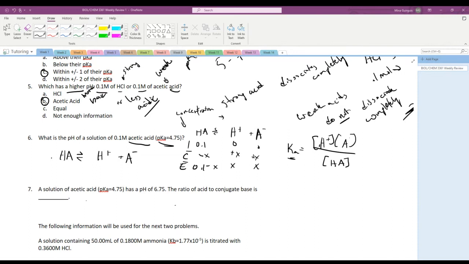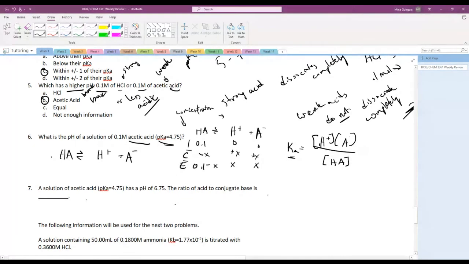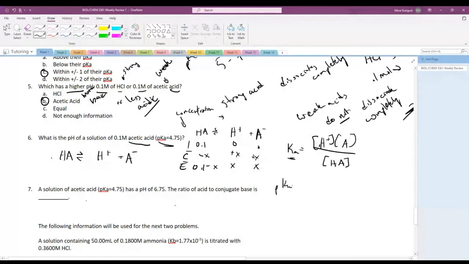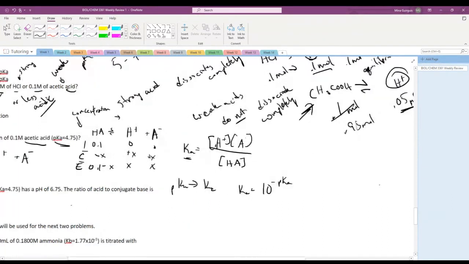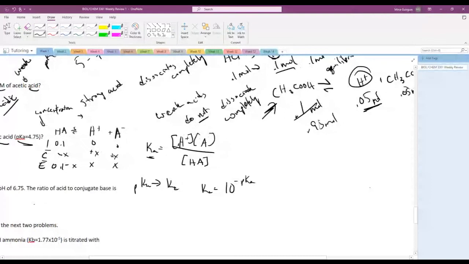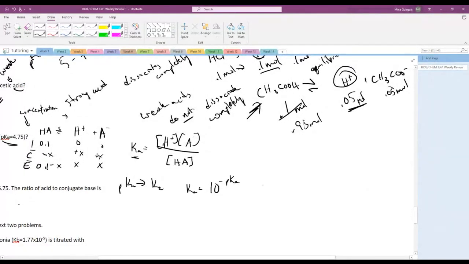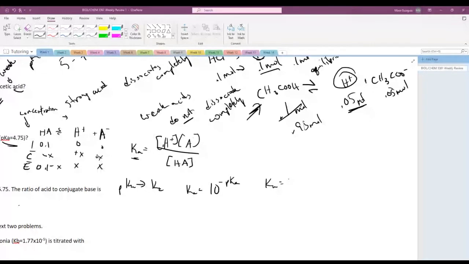So it'll be 10 to the negative 4.75. Okay. I should have written that, I apologize. pKa to Ka, you're going to say Ka equals 10 to the negative pKa. So in this case, the Ka is going to equal 1.78 times 10 to the negative fifth.